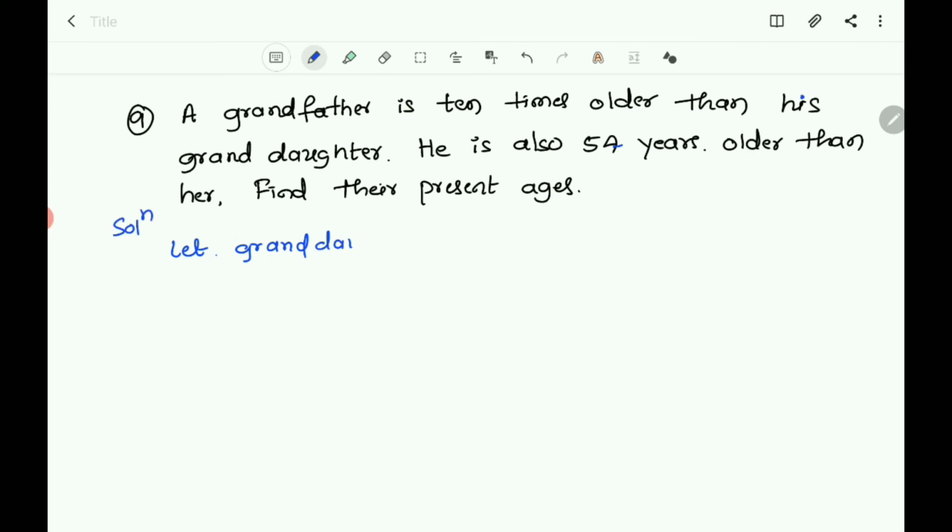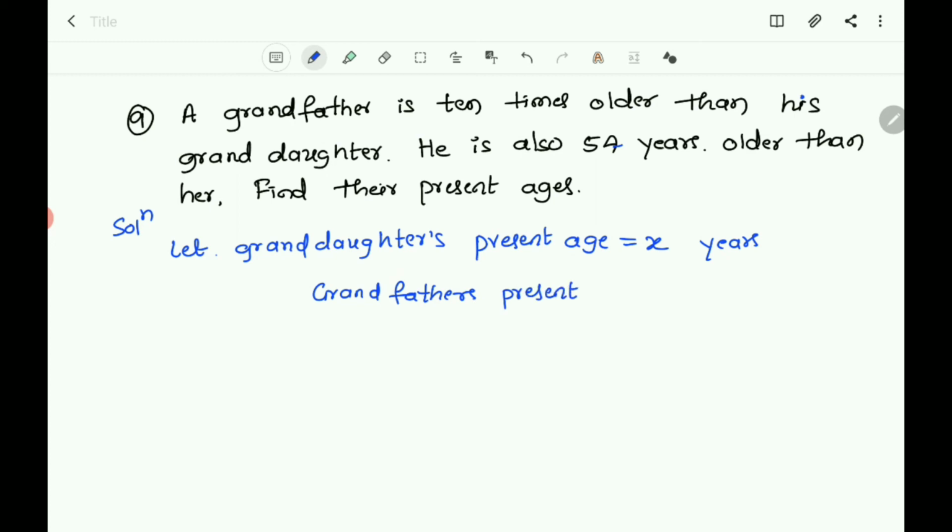The granddaughter's present age is x years. The grandfather's present age is 10 times her age, that is 10x years.